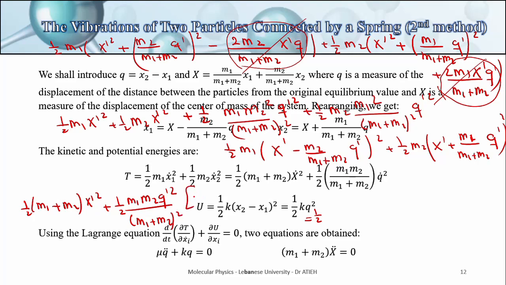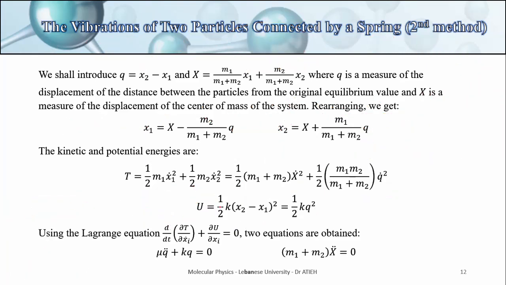So we are left with m1 plus m2. m1 with m2 is cancelled, so we are left with half m1 m2 over m1 plus m2 q prime squared. As you can see, this is the form. Now for the potential energy, x2 minus x1 is half kq squared, where x2 minus x1 is easily q.